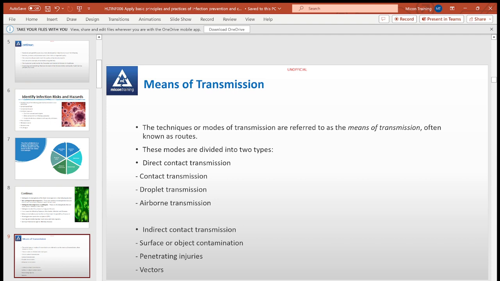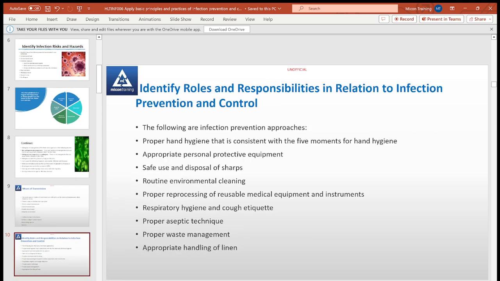If you touch a particular place after being infected and another person comes around and touches the same place, then indirectly you are spreading infection. Penetrating injuries: when you have injuries and you allow infection to come into your body. And lastly, a vector is another form of indirect transmission of infection.